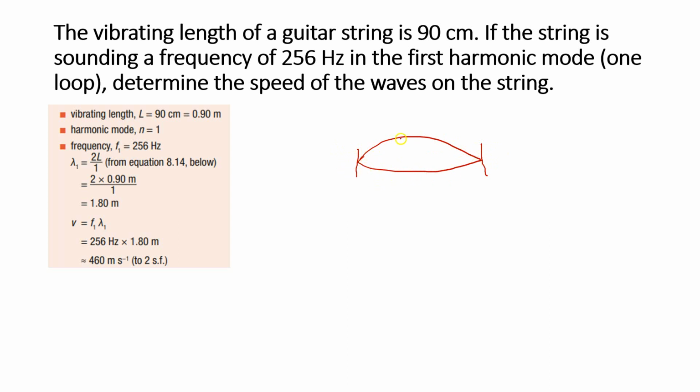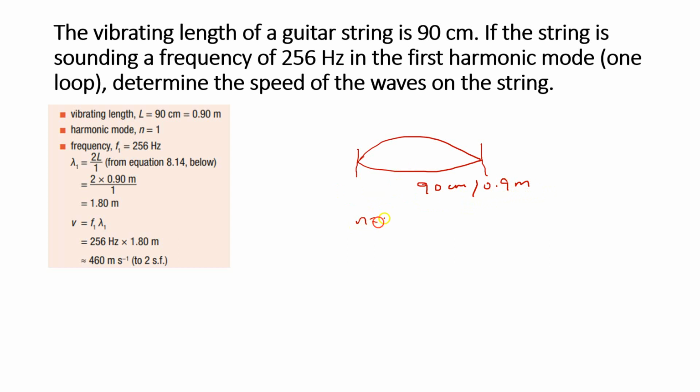I don't know how to draw a guitar, but this is just my guitar, and I have created one complete loop. We're saying here that the length of the string is 90 centimeters, which should be converted into meters as 0.9 meters. So that's the entire length of the string.